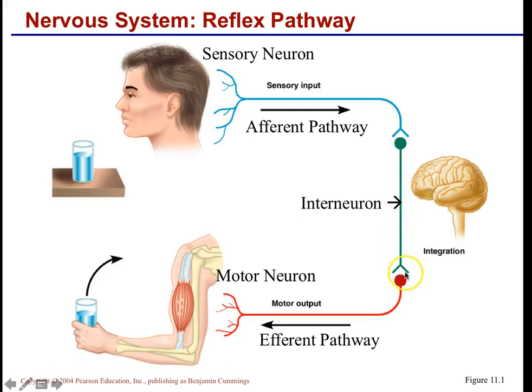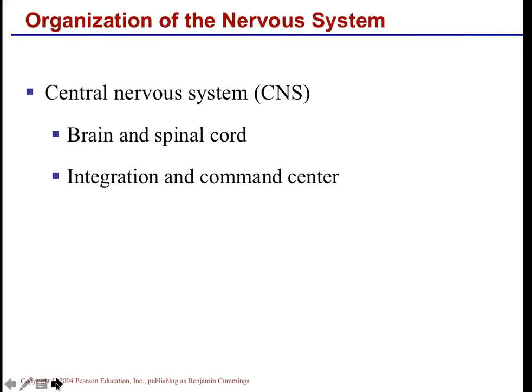An interneuron means that it's a neuron that stays within the brain and spinal cord. Then the effector or motor neuron would then fire, and it would fire onto a skeletal muscle that would allow the hand to drink the glass of water. There we go. And that is the book's example.